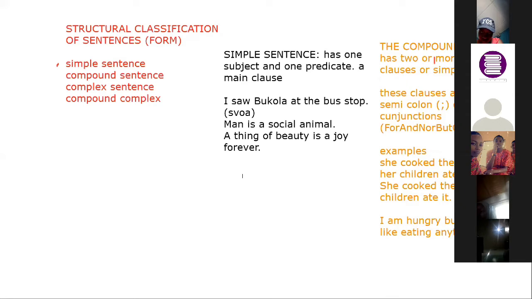Now let's deal with the complex sentence. You understand me? So now what is a complex sentence? Can somebody tell me?